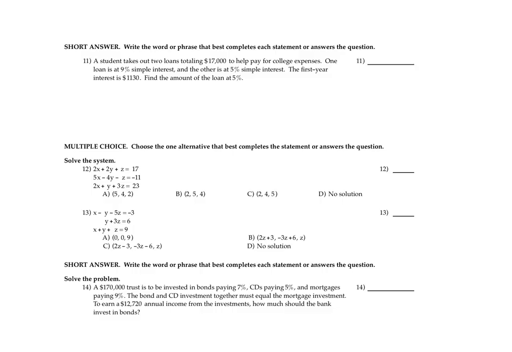Number 11 is kind of like the one we did yesterday as well, except there's only 2 variables. We have 2 different loans. One's at 9%, one's at 5%.